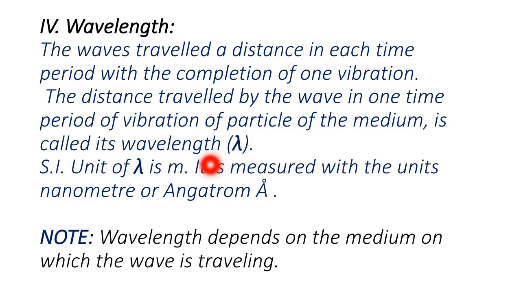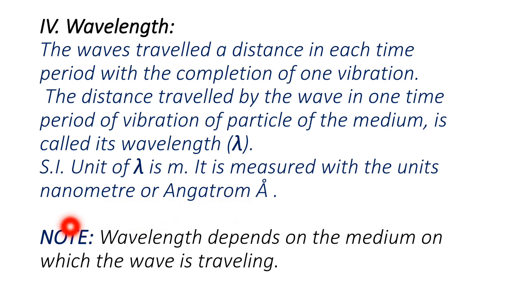And the SI unit of wavelength is meter, because wavelength means length, and length is measured in meters. Many times wavelength is measured with some other sub units like nanometer and angstrom. Nanometer is equal to 10 to the power minus 9 meter, and angstrom is equal to 10 to the power minus 10 meter. So you can note these things down.